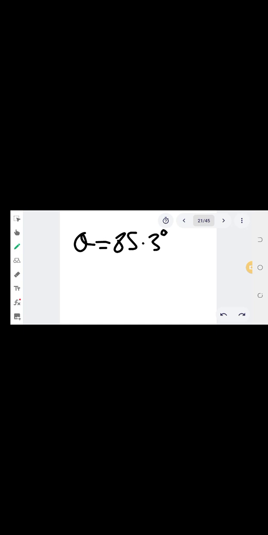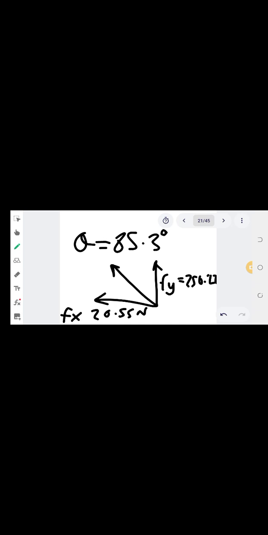So in this case we have got FR. So what we have gotten is this. Fy is equal to 250.22. Here we have 20.55 newtons as Fx.